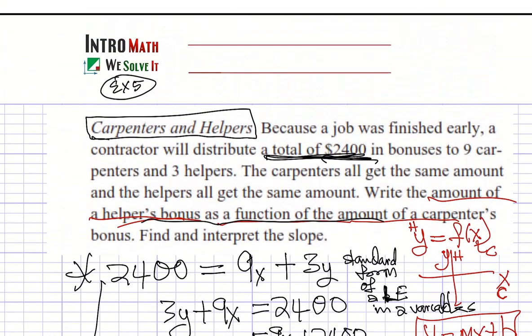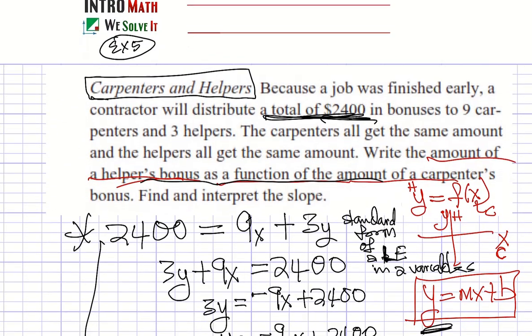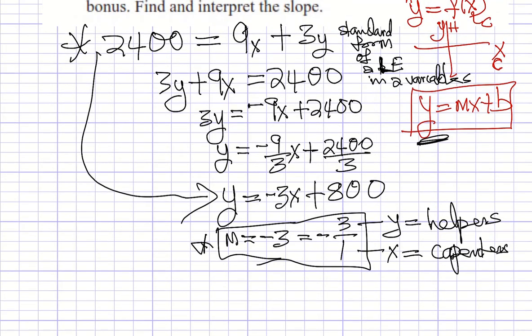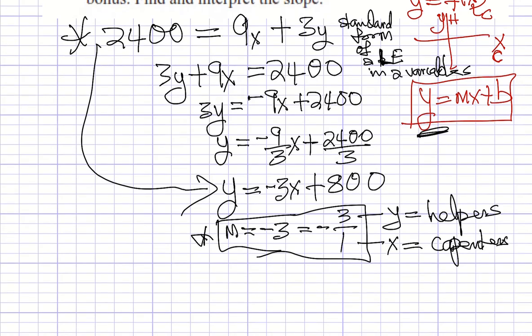If you write it like that, because it was dealing with the rise over run, okay? Rise over run. So if you do that, that means if the carpenters get $1, then the helpers will receive $3 less, because you have to put the negative sign like that.